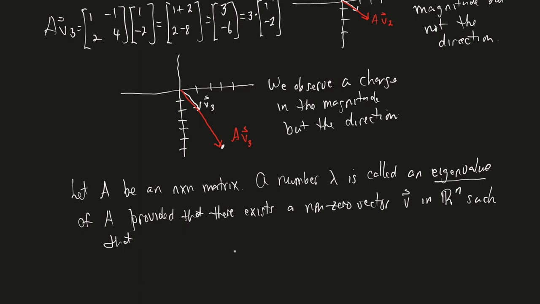So that when I take my matrix and multiply my vector, the result is simply a constant times that vector.